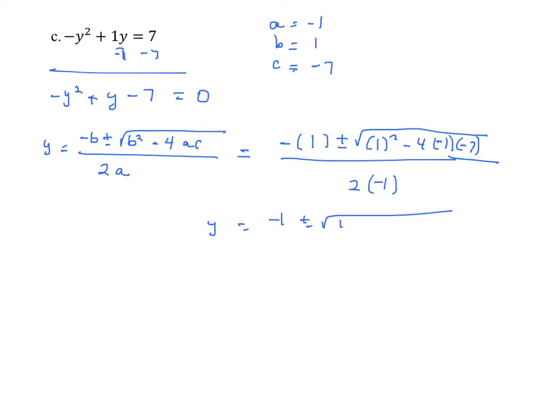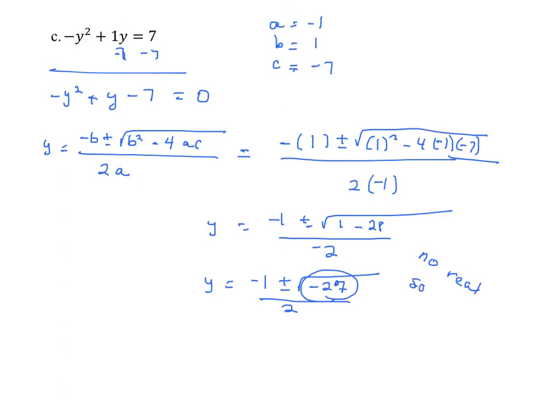So negative 4 times negative 1 times negative 7 is a negative 28, all over 2 times negative 1, which is a negative 2. So I have another wah, wah, wah. I can't take the square root of a negative number, so there is no real solution here, okay?